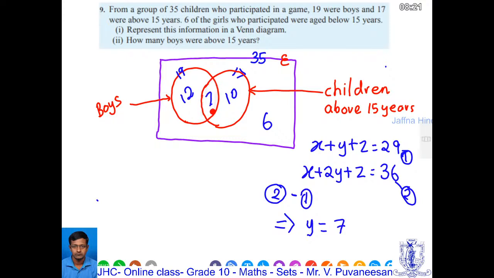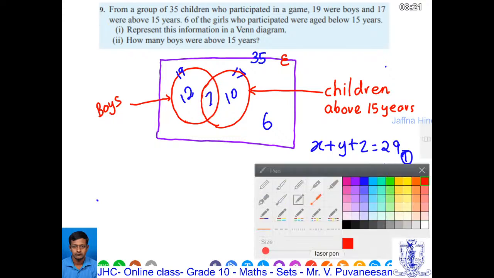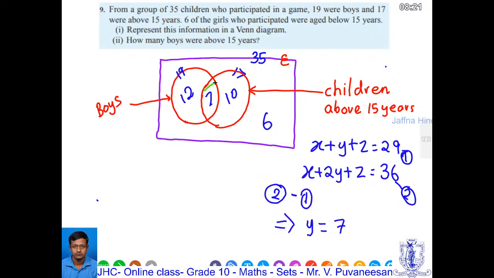So this region means boys above 15 years, that is 7. So the answer is 7 boys. You can draw the Venn diagram by taking one set as girls and the other as children above 15 years. There are different Venn diagrams, but the answer is the same, it becomes 7.